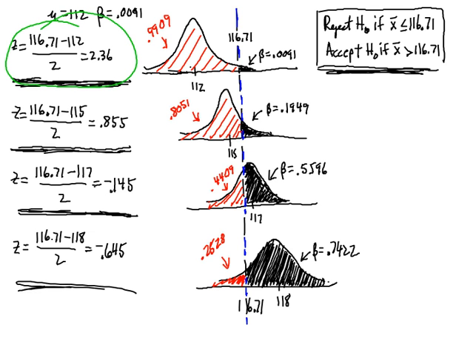But as we climb above that, we can see that our probabilities for type 2 error increase quite a bit. Now, it would be interesting to investigate values for 113 and maybe 114.